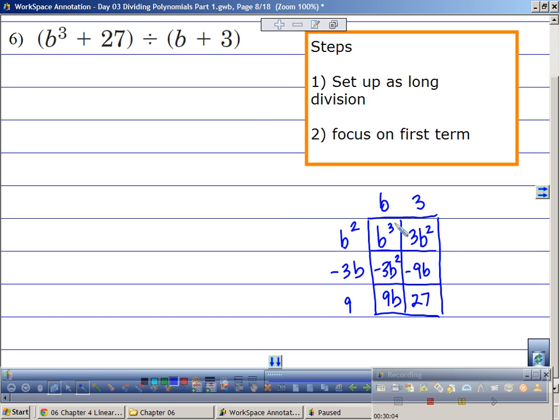But I like this one because it's a puzzle. It makes you think. Once you have this, then b squared times 3 is 3b squared. And then you need to counteract that, so negative 3b. Then something times b makes negative 3b squared.